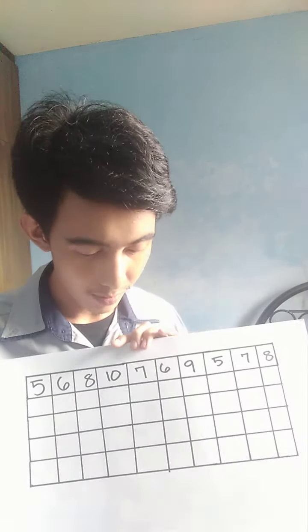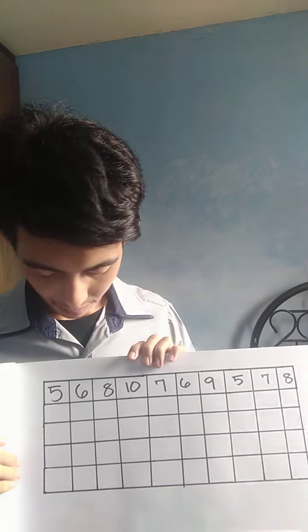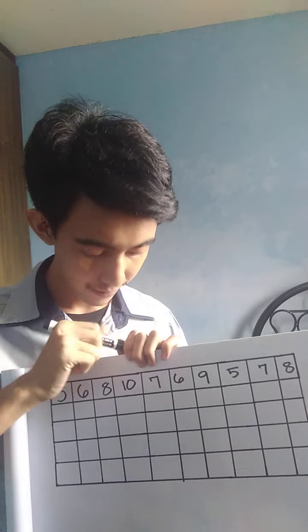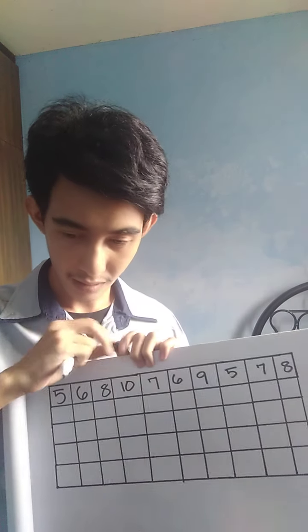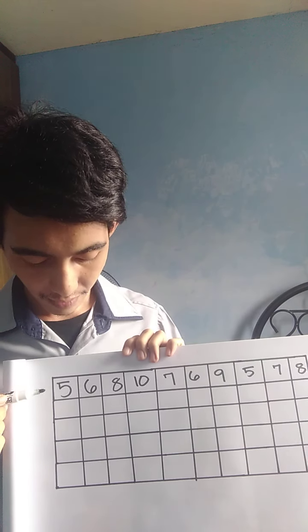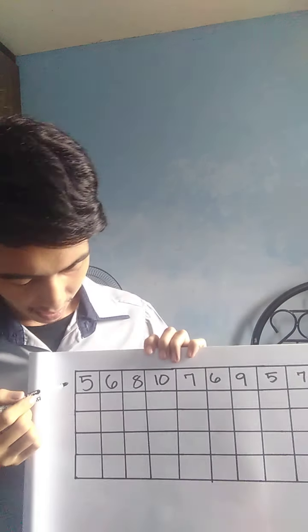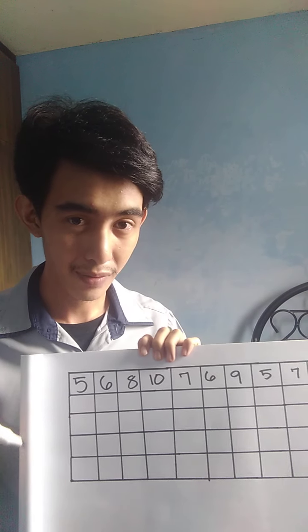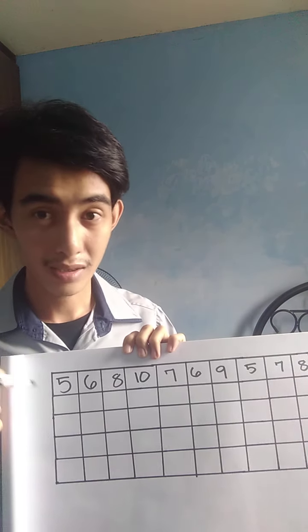So for starters, we're going to check number 5. Since 5 was the first one, we can see that the 5 has not been used in the previous page because it was the first.